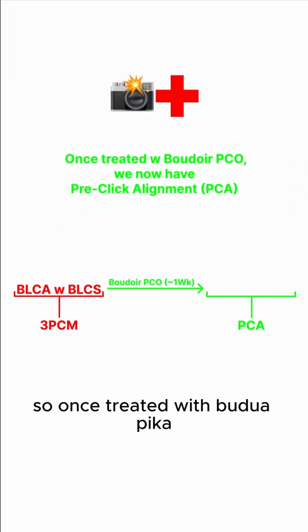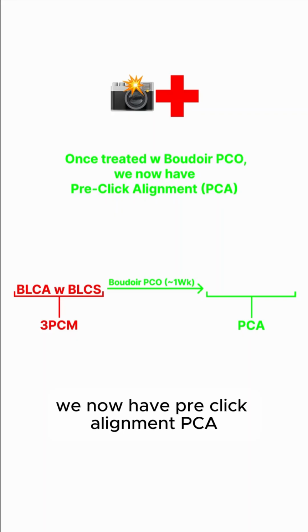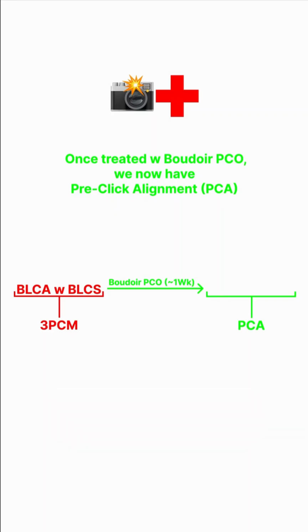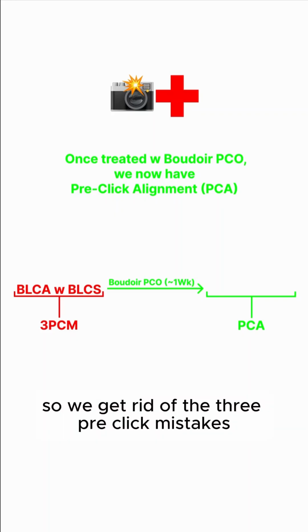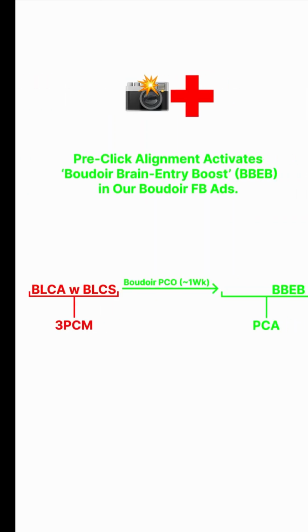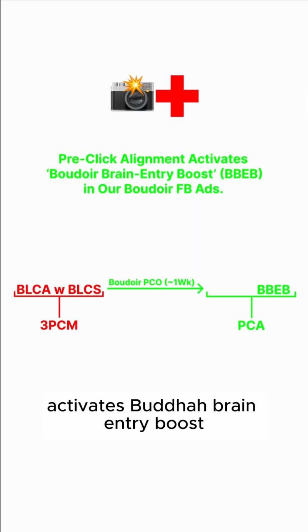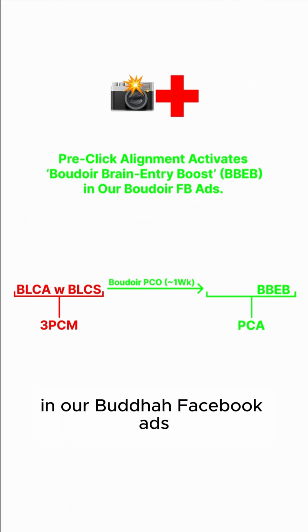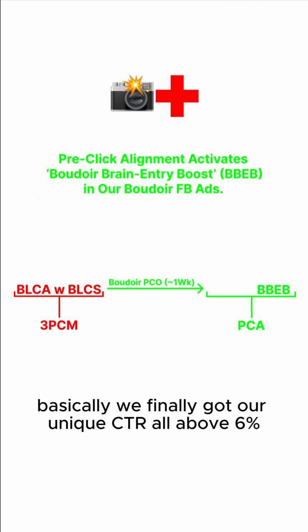So once treated with Boudoir Pico, we now have pre-click alignment, PCA. So we get rid of the 3 pre-click mistakes. We achieve PCA, pre-click alignment. Pre-click alignment activates Boudoir brain entry boost in our Boudoir Facebook ads. Basically, we finally get our unique CTR above 6%.